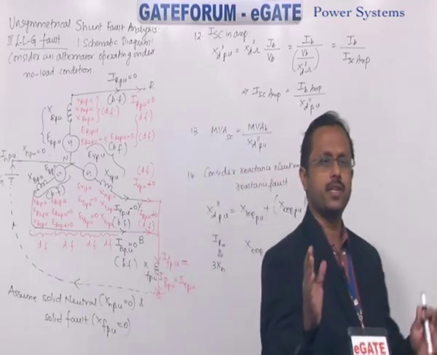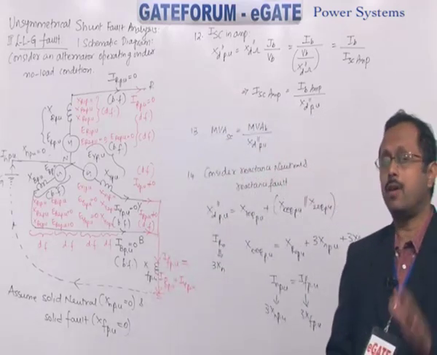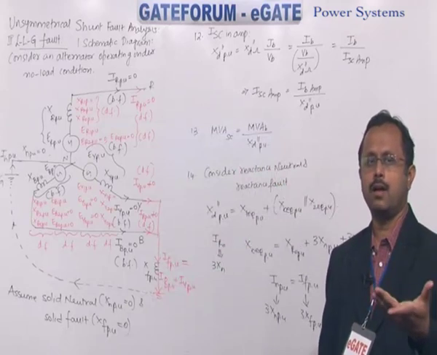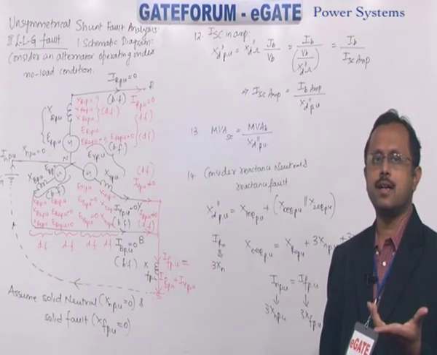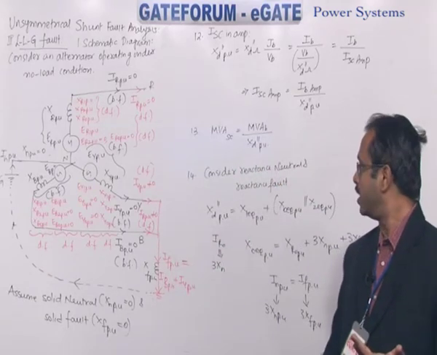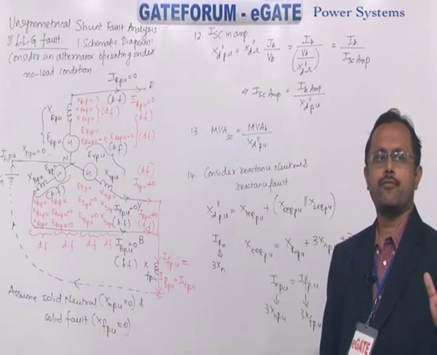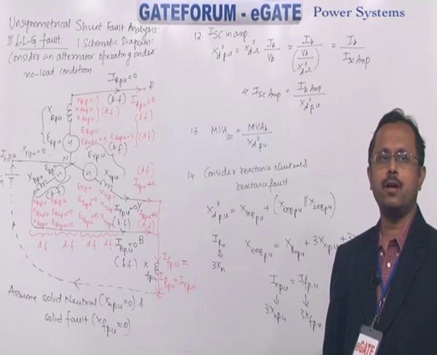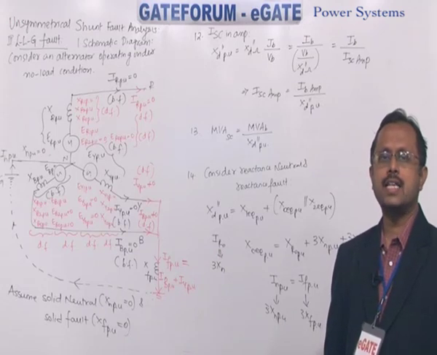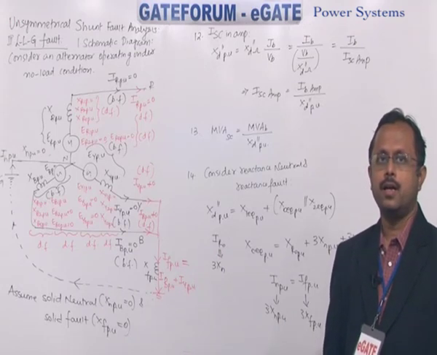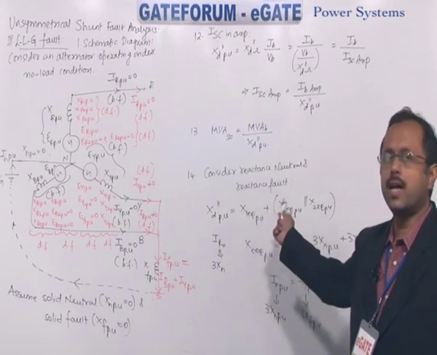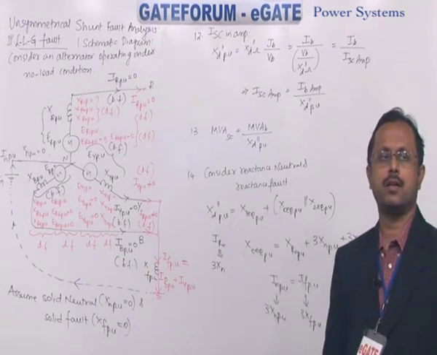So the logic is very simple. For faults involved with ground, add 3xn, add 3xf in X0 equivalent per unit. For faults not involved with ground, add xf per unit in XD double dash expression.